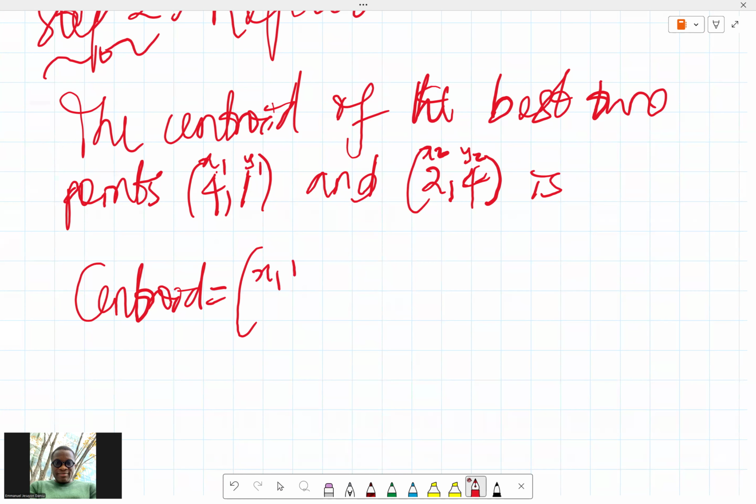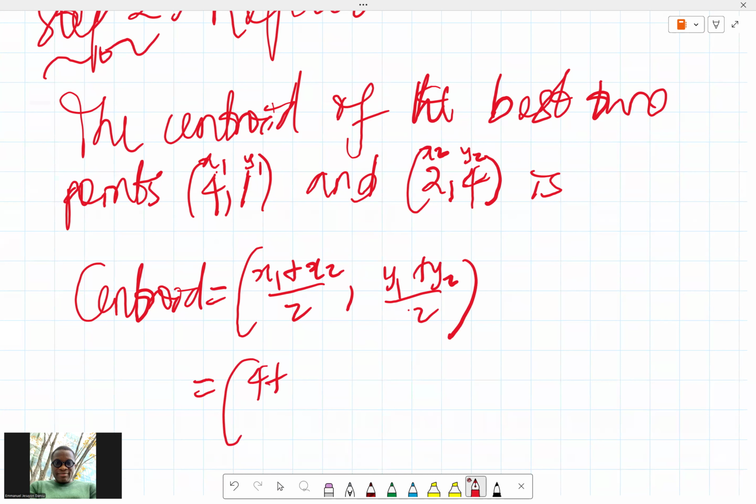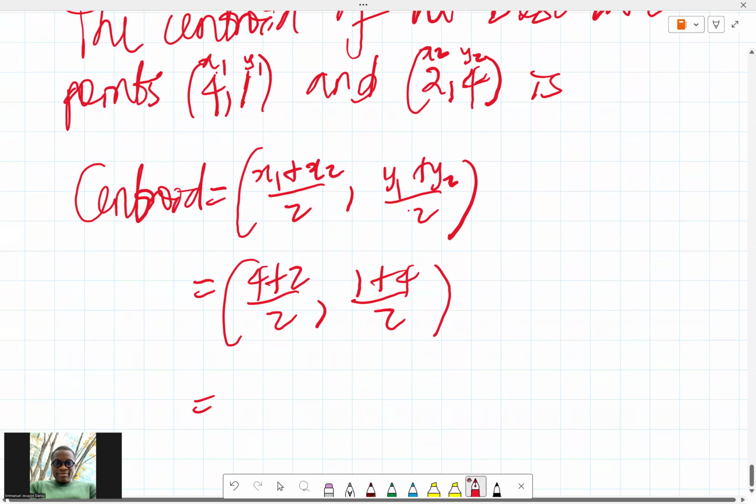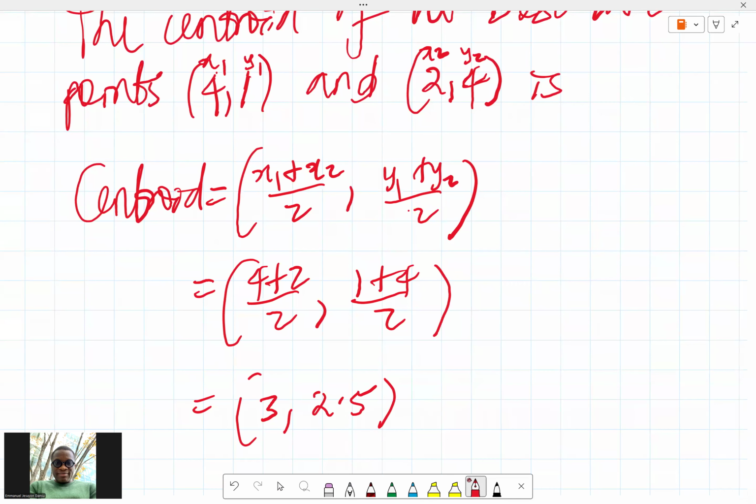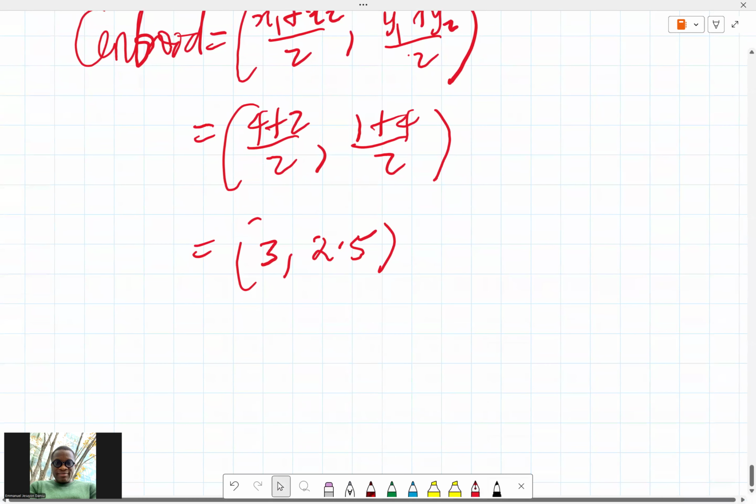So we have x1 plus x2 divided by 2, then y1 plus y2 divided by 2. That means the centroid will be 4 plus 2 over 2, then 1 plus 4 over 2. 4 plus 2 is 6 divided by 2, that's 3. 1 plus 4 is 5 divided by 2, that's 2.5. So that's the centroid of the best 2 points.